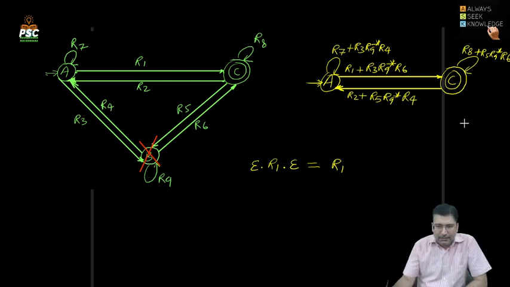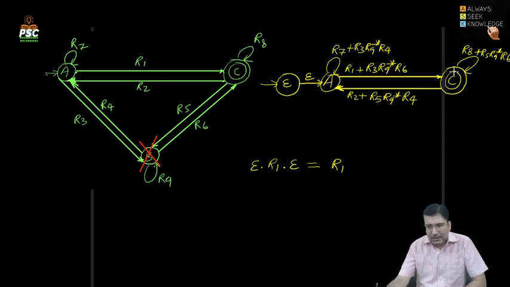So finally, if we want to convert any automata into a regular expression, we take a new initial state. Let's say there is some state which I assume is the initial state, and we can reach from this state to the initial state of the automata by traversing null.